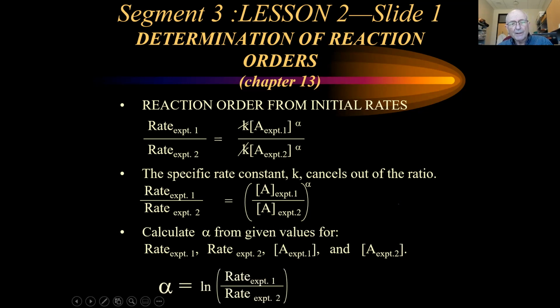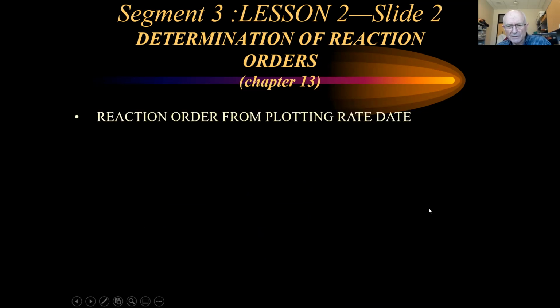If you take the logarithm of both sides, you would get the log of the rate for experiment 1 over the rate of experiment 2 divided by the log of the concentrations ratios. So that's the general method we can use to solve for that coefficient at time zero.